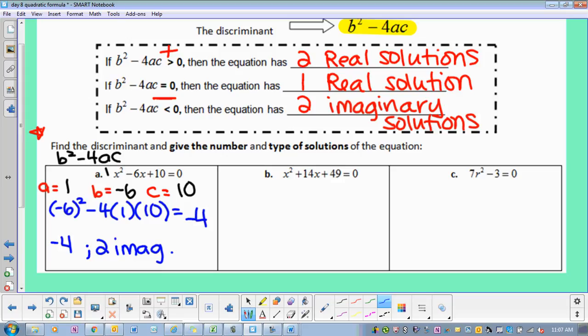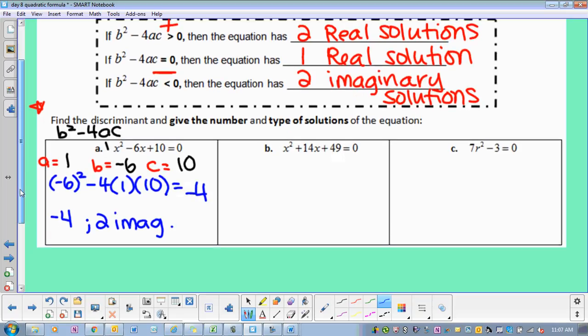Let's do the same thing for B. All right, it's already in standard form. It's equal to 0. a equals 1. What is b? And what is c? All right, let's find the discriminant.